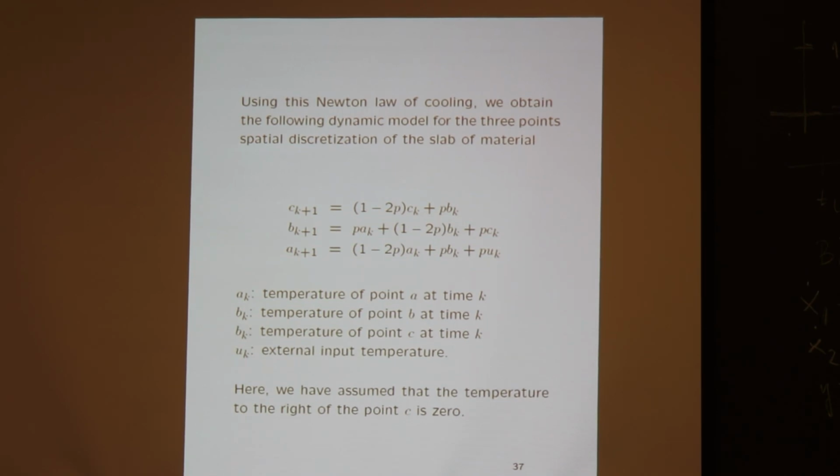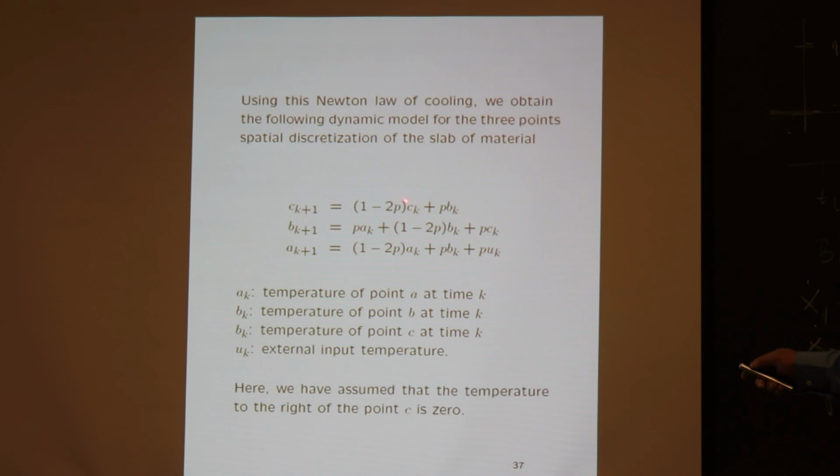If you look at that model, you will come to realize that you can write that model in state space form, and so the increase of temperature in C will be related by a linear relation to the temperature in C and B, and also the increase of temperature in B is proportional to A, B, and C, and also A, which is closer to the heating element, you will have the direct temperature of the slab at the input.